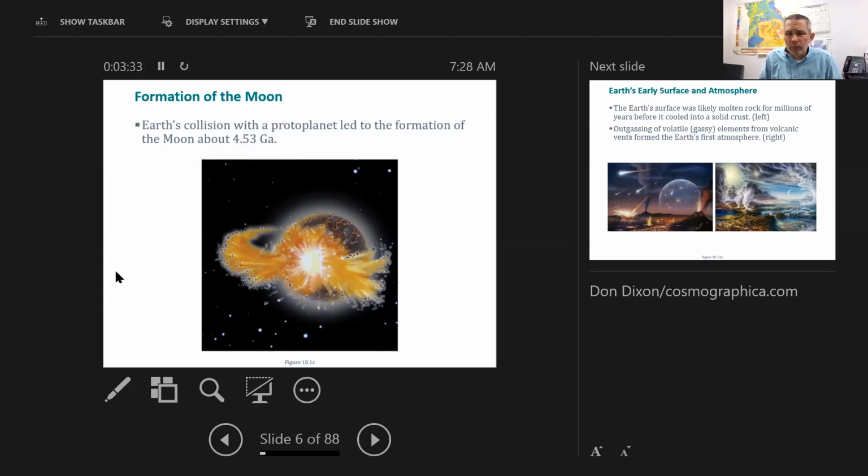If you haven't seen the video on the ancillary webpage, I encourage you to go back and look at that. It's a pretty good demonstration of what would happen when a body of material would hit: all of the leftover ejected material would later coalesce to form our moon.